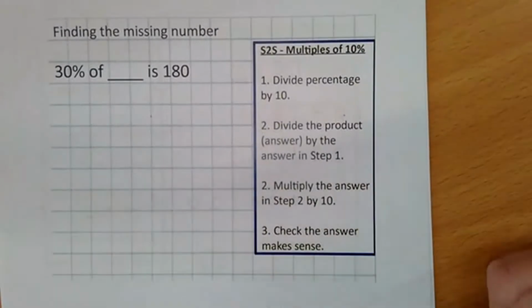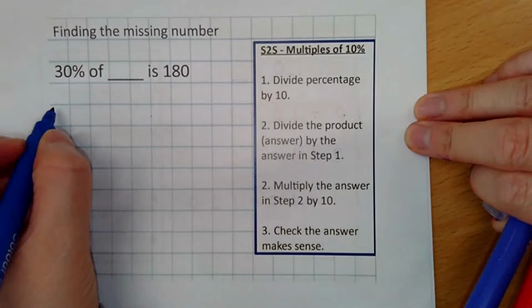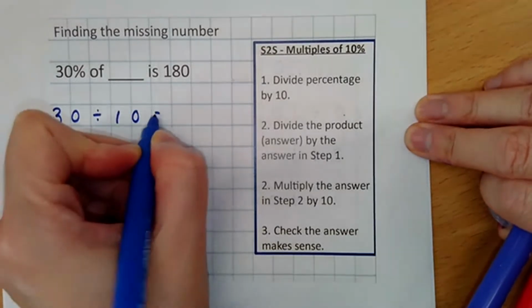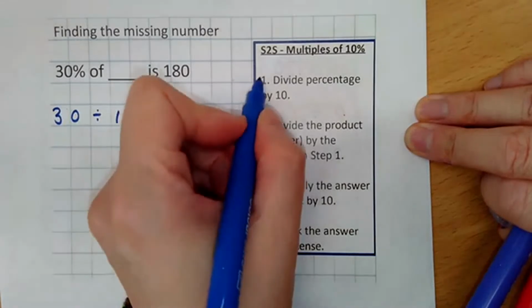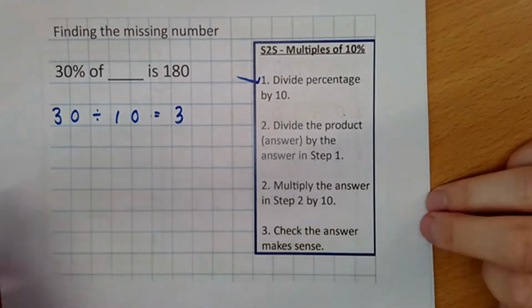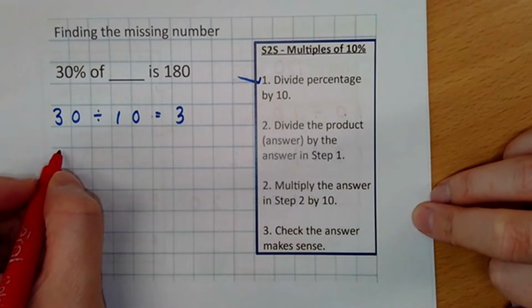Okay, I'd like you to tell me what to do here. What's the first step? So what am I dividing? Good. And what's my answer? Excellent. Be careful here. Good, so what am I dividing?